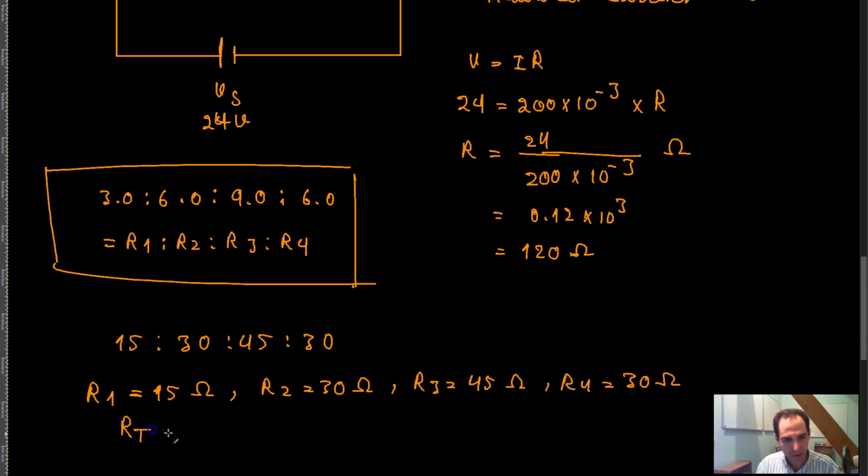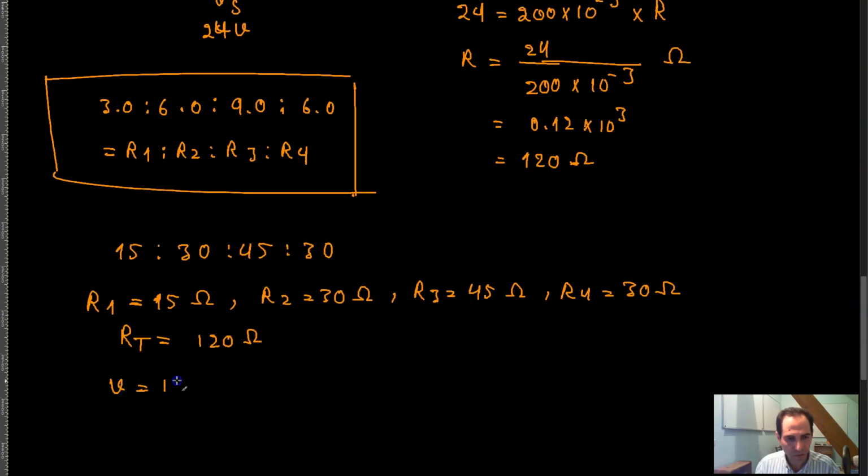So R_T would be equal to 15 plus 30 plus 45 plus 30, which is exactly 120 ohm.